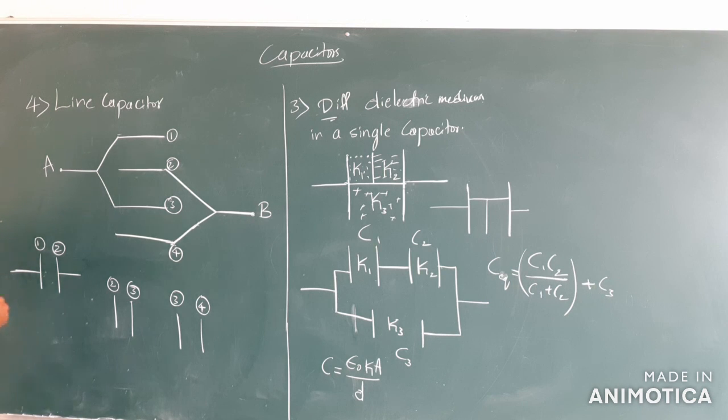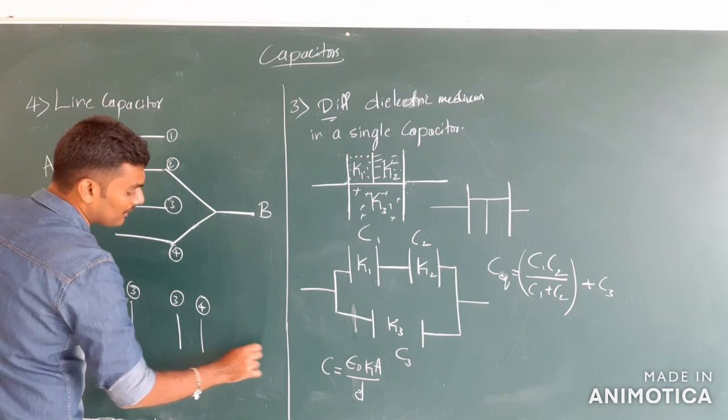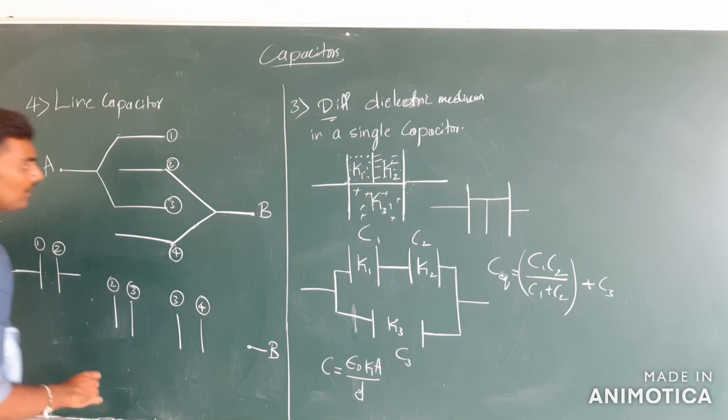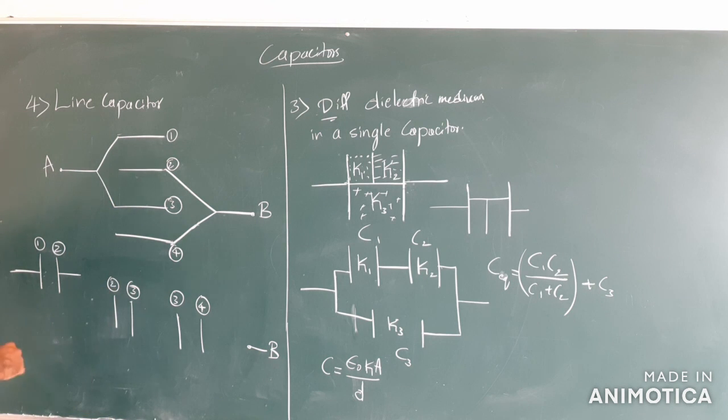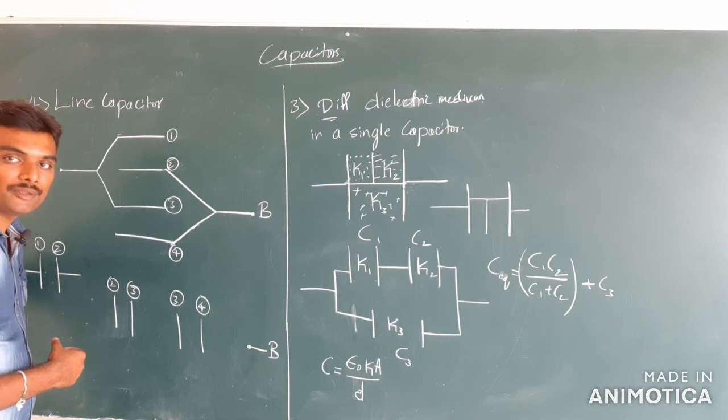I have a terminal A here and the other terminal B here, right? Now if you look closely, I have intentionally drawn them in this order, in this pattern, so that the reduction of the circuit becomes easy for me.